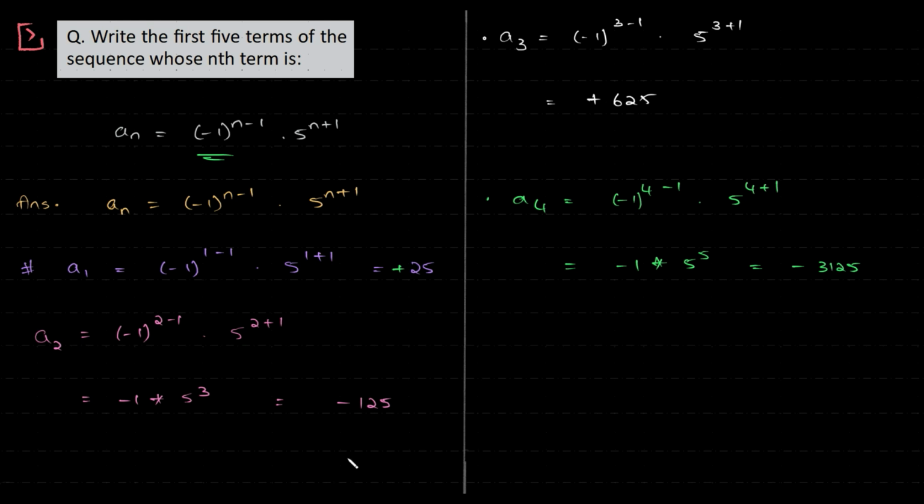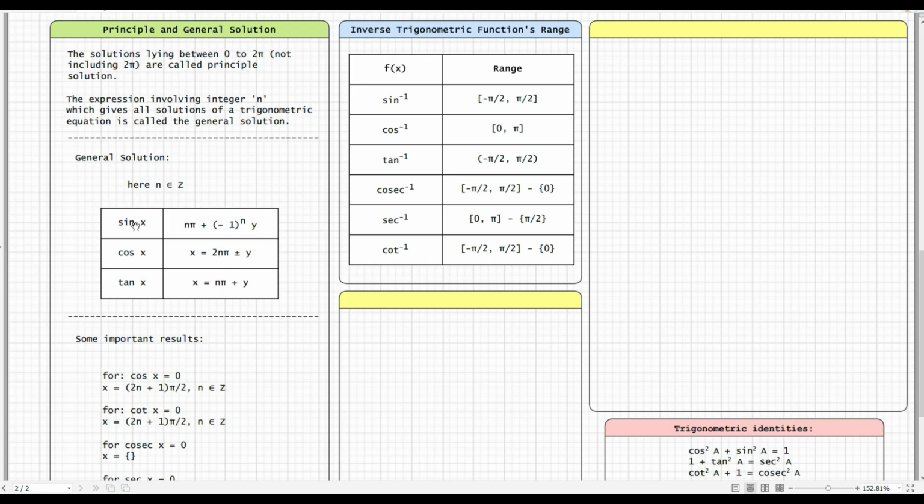This conceptual understanding, or the understanding of how the numbers work, is a pattern that you guys have to recognize. This is going to help you in harder questions. So where have we seen this before? In trigonometry, the general solution of sine x is n pi plus (-1) to the power of n times alpha.